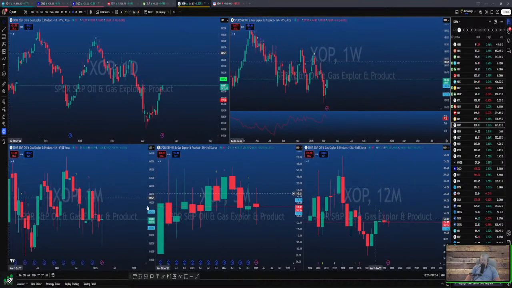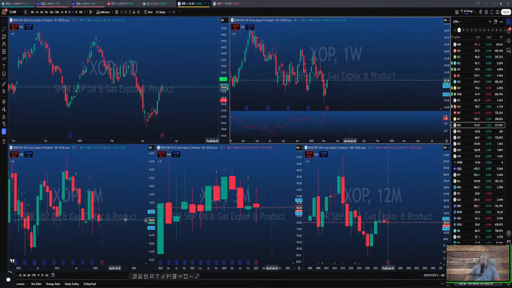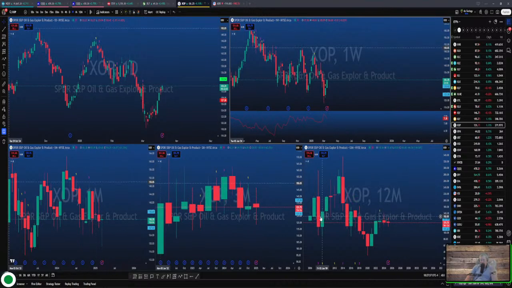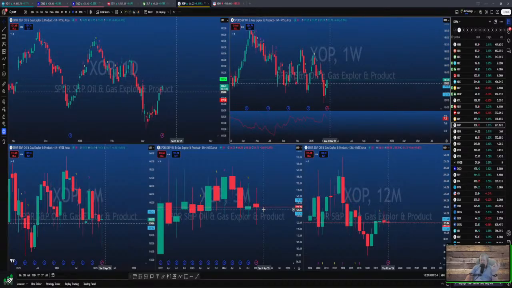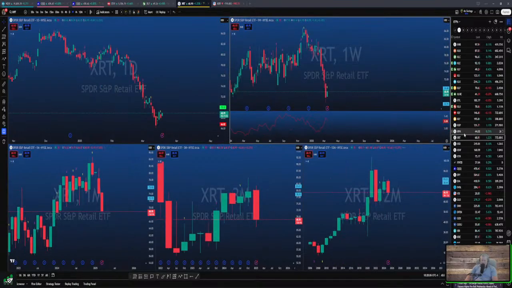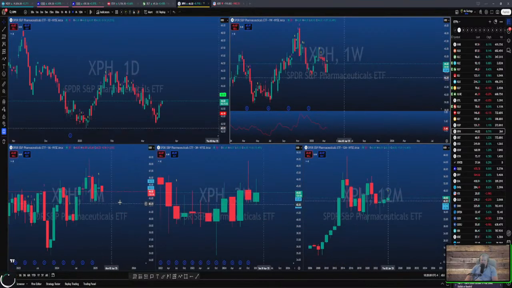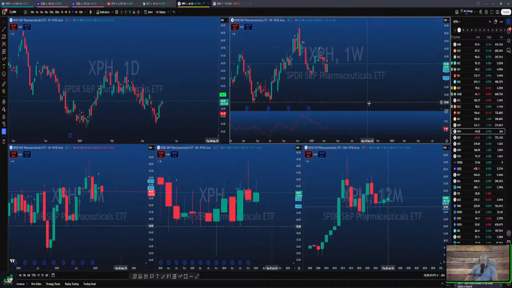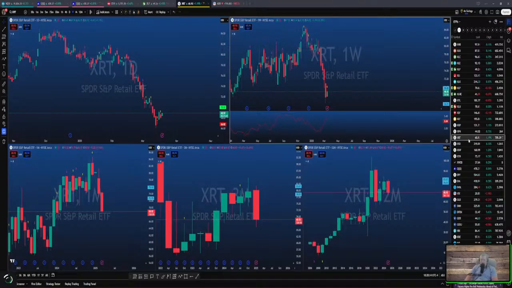The bottom on XOP, they don't have to all be green, but they have to at least be, like this one is green, this one is a doji, so these would align, because if I take a call, then I'm expecting price to go up, and if it goes up, this would flip continuity. So pharmaceuticals, not all on the same page, but also not the best looking chart that I've seen, so passing on that.